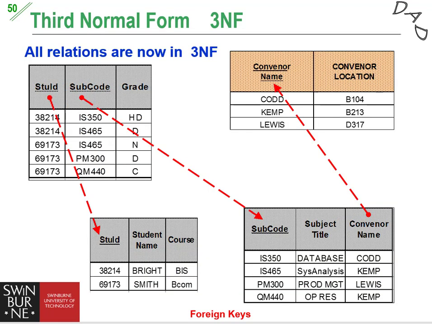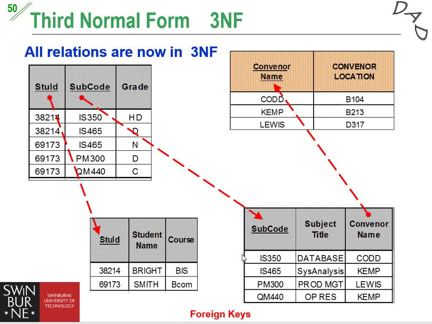And then finally we removed the non-key dependency and created a table which reflects the non-keys. So basically now we have all these tables that we required.